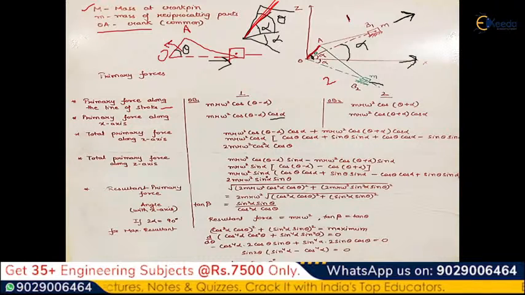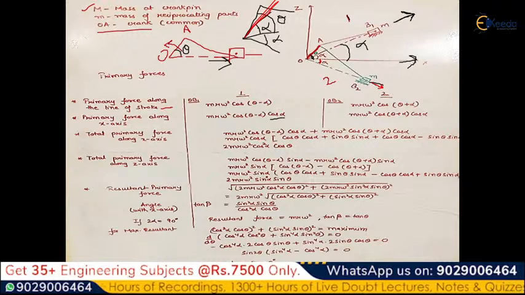This angle is alpha and the whole angle of the crank is theta. So if you look at the triangle OAB2, the whole angle AOB2 is theta plus alpha. And if this is the force which is acting here, the primary force along the x-axis will be its cos factor, so it will be m r omega square cos(theta plus alpha) into cos alpha.